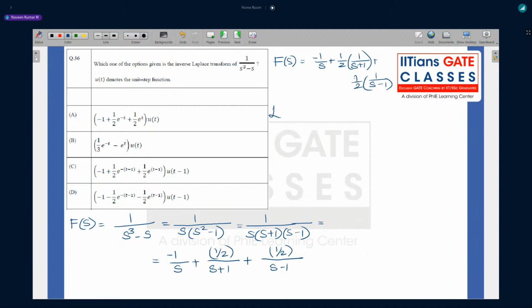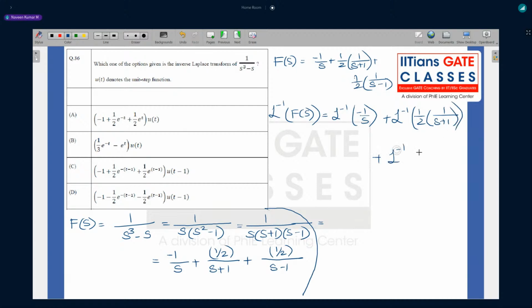So Laplace inverse of f of s is Laplace inverse of minus 1 by s, plus Laplace inverse of 1 by 2 into 1 by s plus 1, plus Laplace inverse of 1 by 2 into 1 by s minus 1.